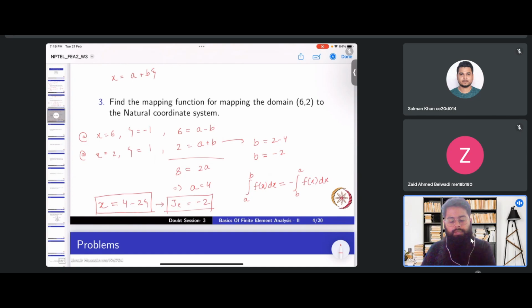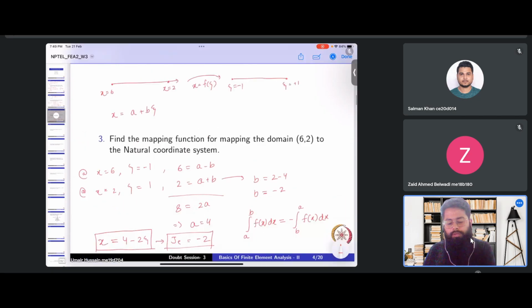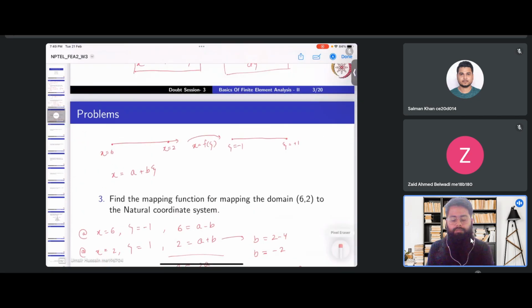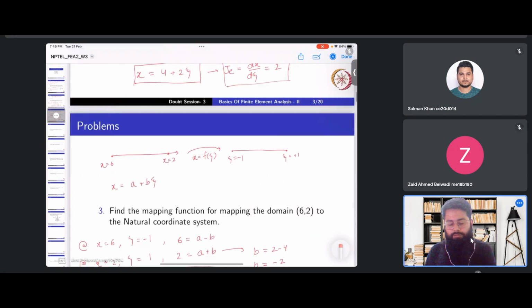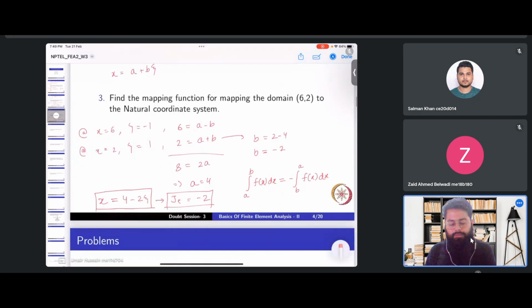So if we reverse the domain and map it to the same natural coordinate system, this minus sign is reflected in the Jacobian. So here it was plus 2, now we're getting a minus 2.